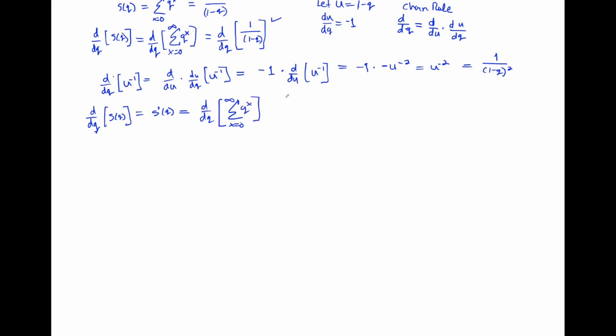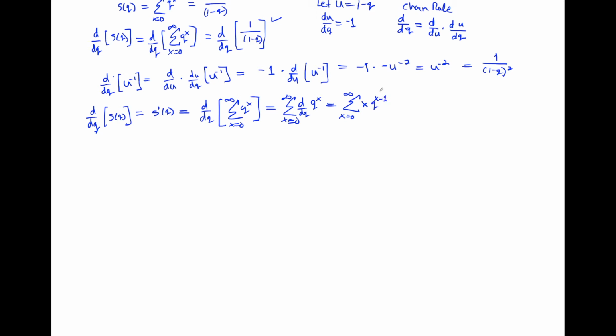The derivative of the sum is the same as the sum of derivatives. So that's just the infinite sum, x goes from 0 to infinity, d dq of q to the x power. Well, that's nothing more than our infinite sum, x goes from 0 to infinity of x times q to the x minus 1 power, just by the rule of differentiation.